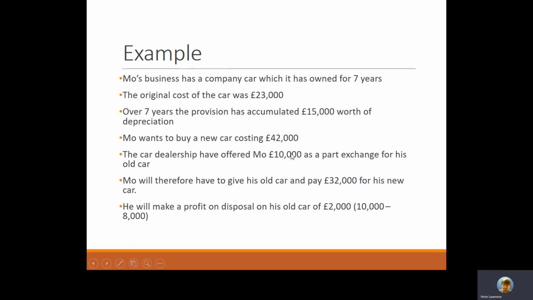So remember, his proceeds on his old car are 10,000. The net book value of his old car is £8,000, which is the 23,000 minus the 15. So he's going to make a profit on disposal of £2,000.